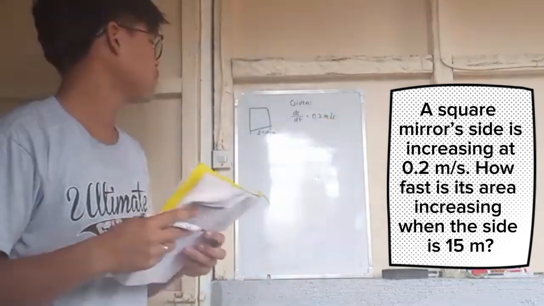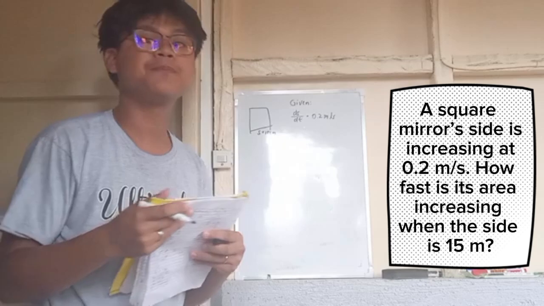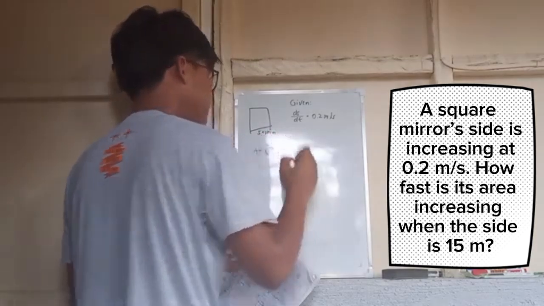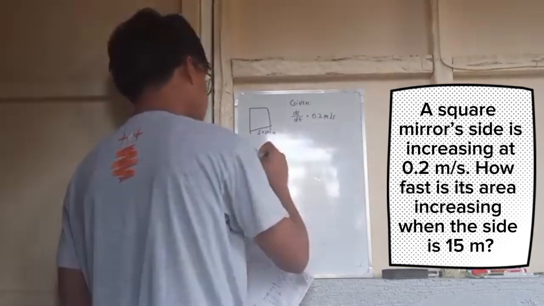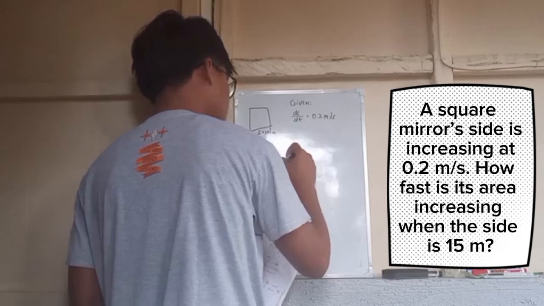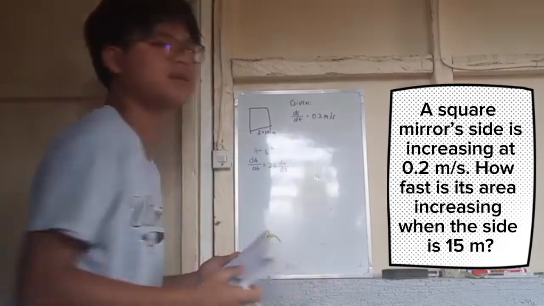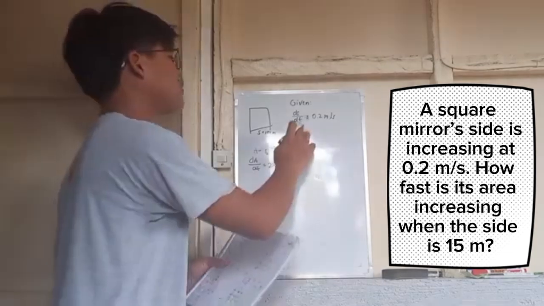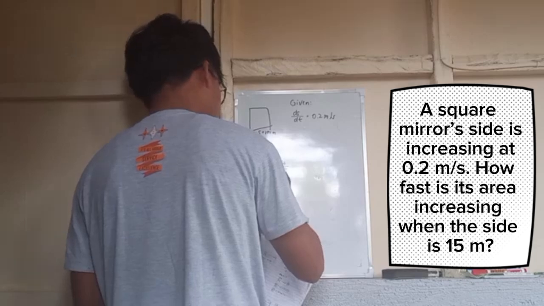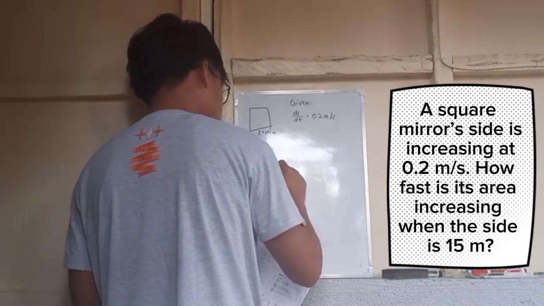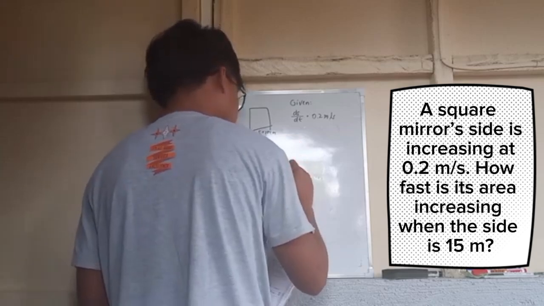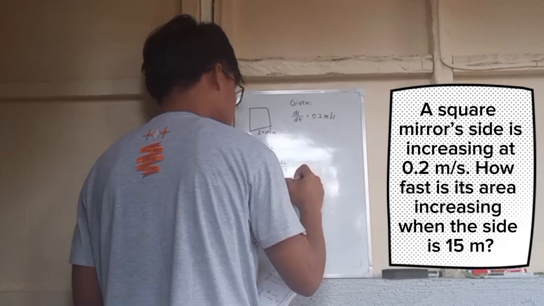Now, in getting the area of the square, the formula is only s squared. Now we'll differentiate the formula, so we'll get dA over dt is equal to 2s ds over dt. Then we will substitute the given values in the problem into the formula. So dA over dt, copy, 2, then our side is equal to 15, then our ds over dt is equal to 0.2.